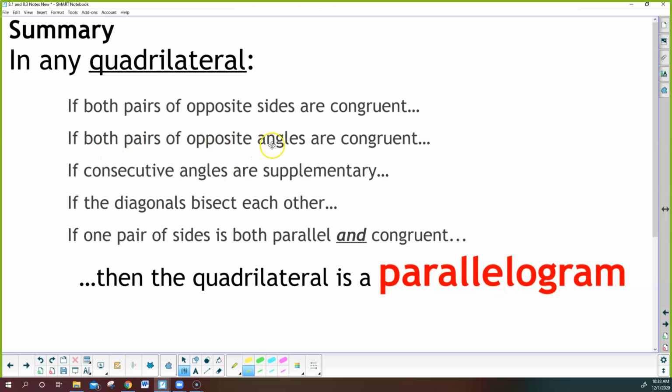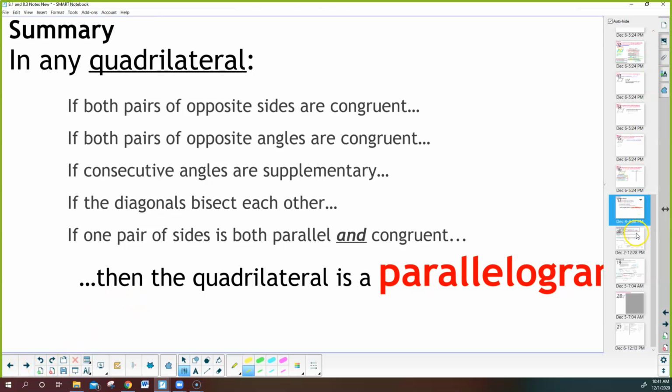If both pairs of opposite angles are congruent, then the four-sided shape is a parallelogram. If consecutive angles are supplementary, then it's a parallelogram. If the diagonals bisect, then it's a parallelogram. Or if you have one pair of sides that is both parallel and congruent, then it is a parallelogram.